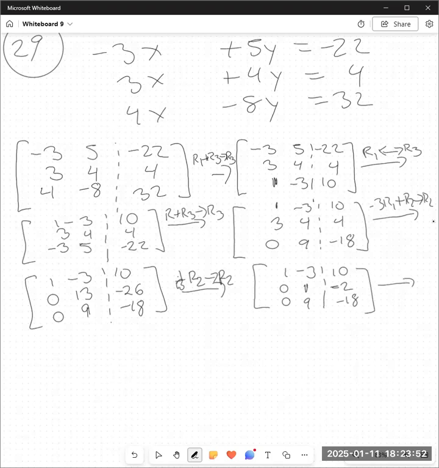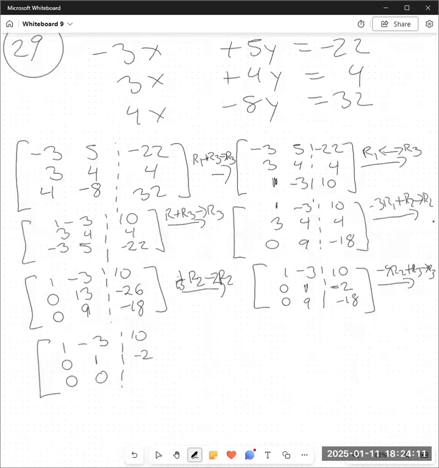And we want to take -9 times row 2 plus row 3 to produce a new row 3, which is going to give us 1, -3, 10, 0, 1, -2, 0, and this will end up being 0, 0. So that equation kind of drops out.